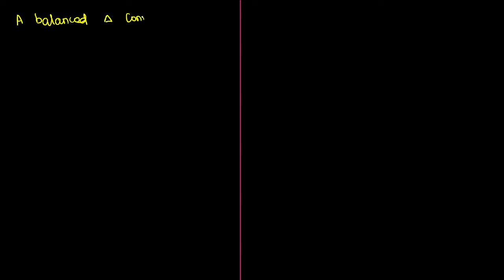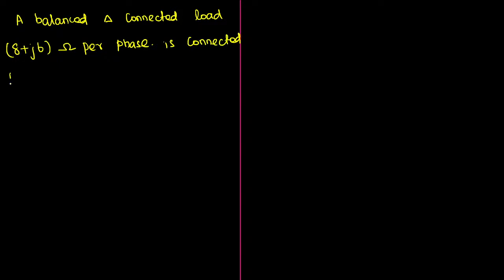delta connected load. A balanced delta connected load is given as 8 plus J6 ohm per phase. They told it is given only for per phase. Next, this balanced load is connected to a 400 volt, 50 hertz frequency 3-phase supply.